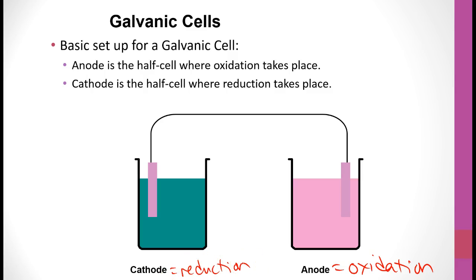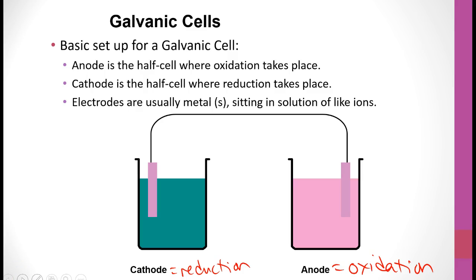Okay, so based on our previous reaction, the electrodes are usually chunks of solid metal sitting in a solution of ions of the same element, except they're ionic. So in our previous one, we had Cu2+ plus 2 electrons turning into solid Cu. That's being reduced.